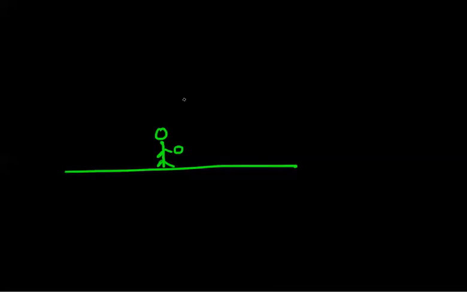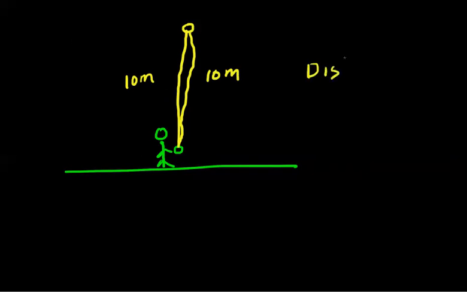The ball travels all the way up to here, and then the ball falls down, and the boy catches the ball back in his hand. Let's say it travels 10 meters going upwards and 10 meters going downwards. So the distance traveled by the ball equals 10 plus 10, 20 meters.